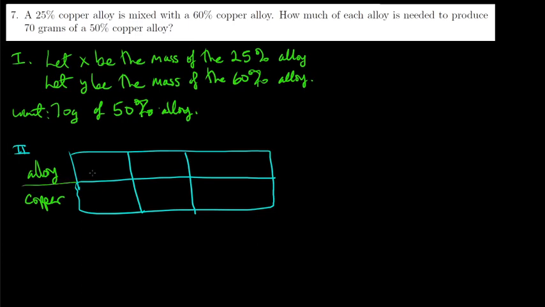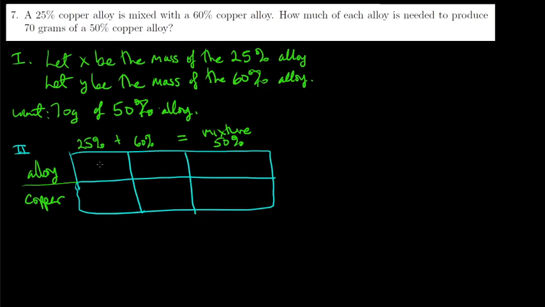But we're worried about copper here. And we have the 25% copper alloy. We have the 60% copper. And then the mixture, when we mix them together, what we want to get is exactly 50-50, so 50% copper and 50% other metals. So yep, we mix these together, that's what we want.